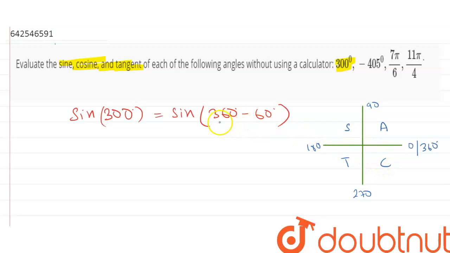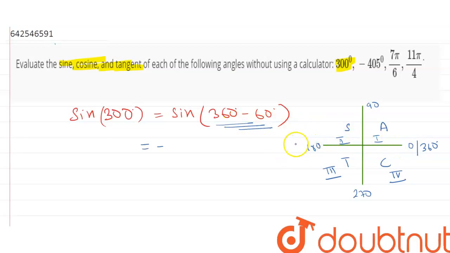So let us understand. This is sine of 360 minus 60. This implies that this value lies in the fourth quadrant. Name it as fourth; this is your first, second, third quadrant. So this value lies in the fourth quadrant, and from this we conclude that sine will be negative, so it becomes equal to minus. Another thing I want to clarify is that there is no change in the function if we use 360 or 180.